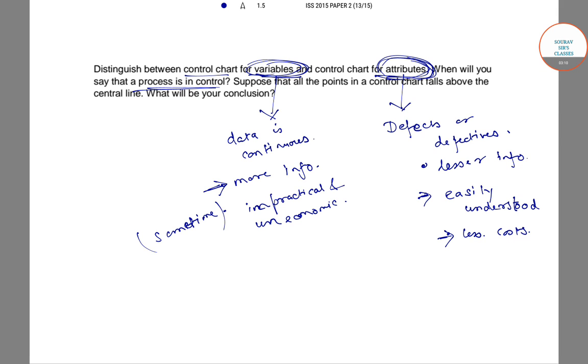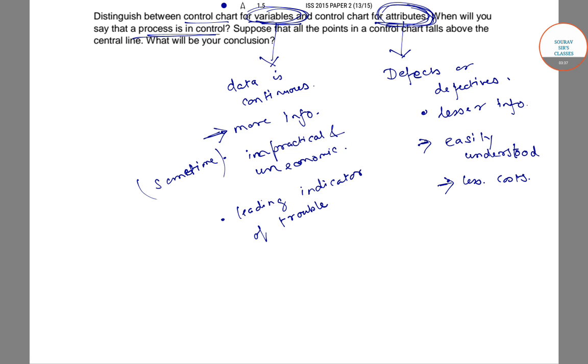In fact, this control chart for variables is also considered a leading indicator of trouble that will sound an alarm before the number of rejects increases in the production process.